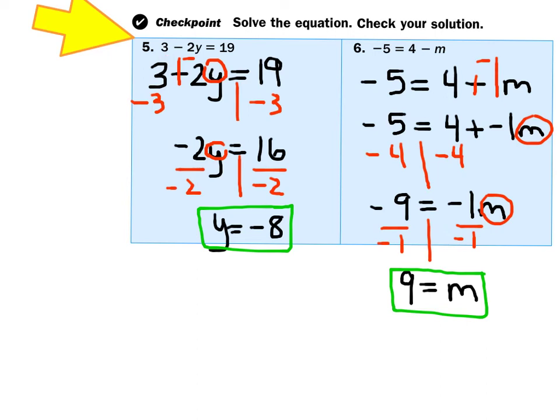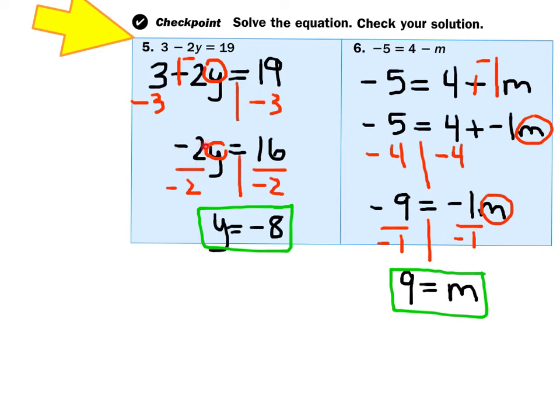So positive 3 plus a negative 3 destroy each other. You can cross those out. Let the negative 2y slide straight down. Let the equal sign come straight down. And then 19 plus negative 3 is 16. Now, circle your variable, bring down the wall. Look at that negative 2. We have to destroy that.